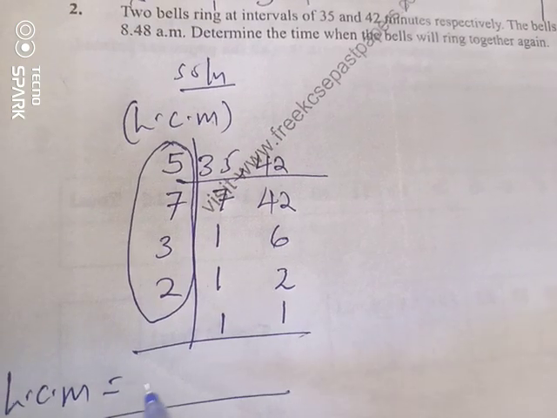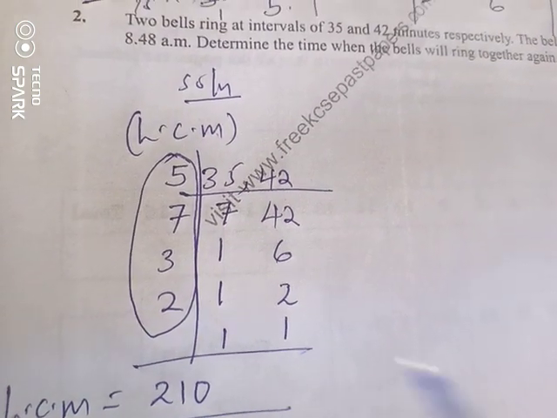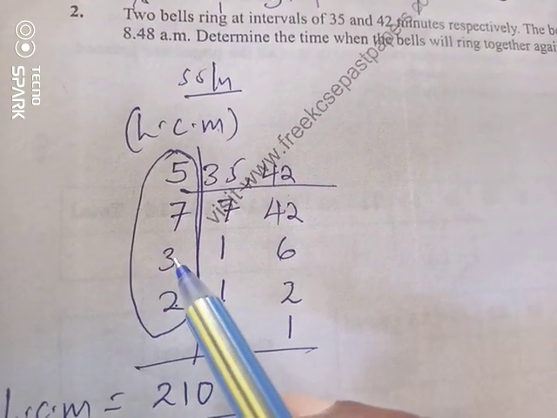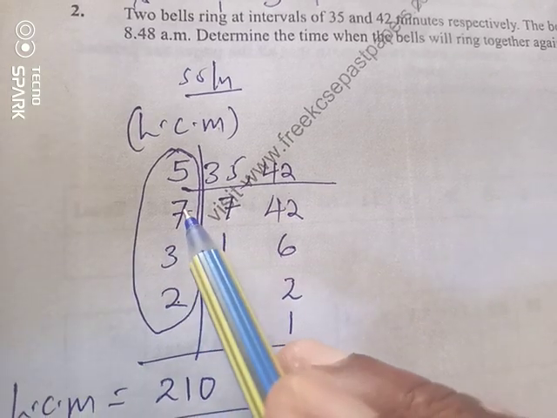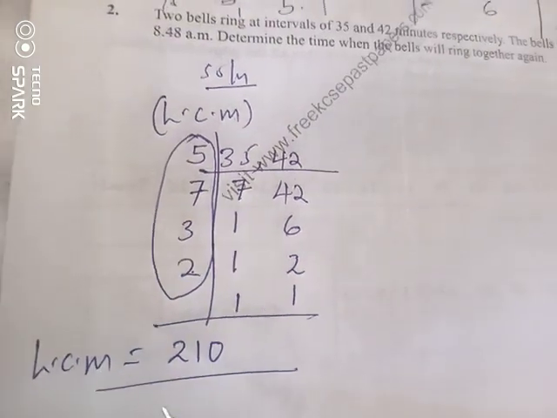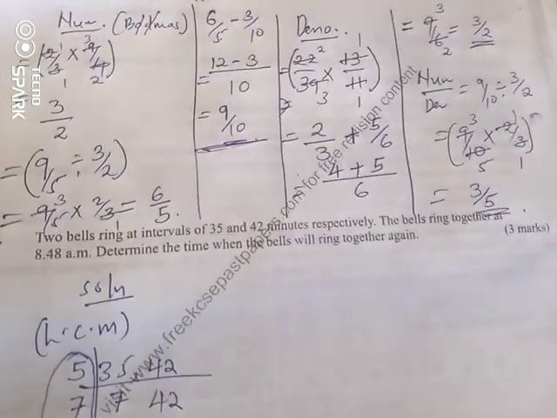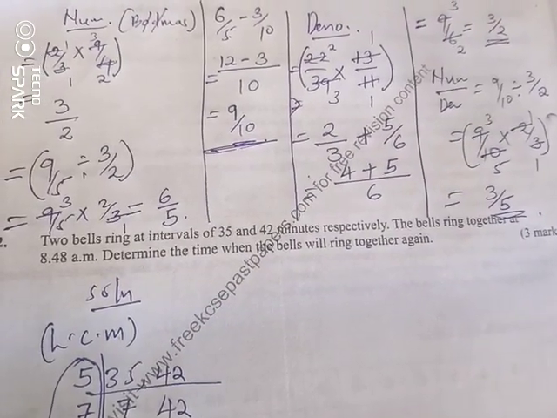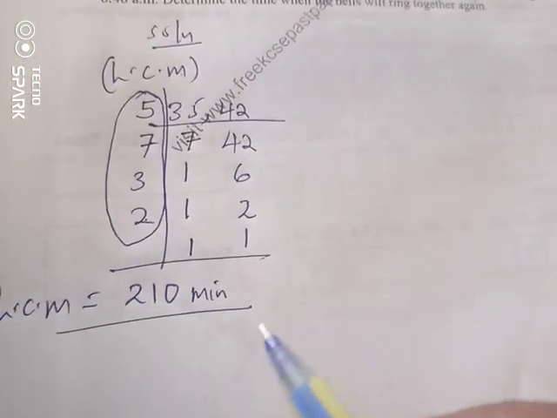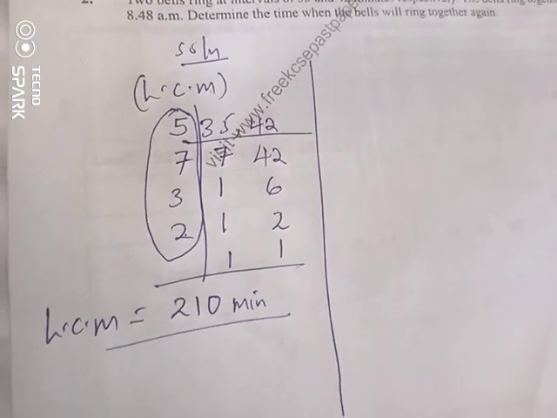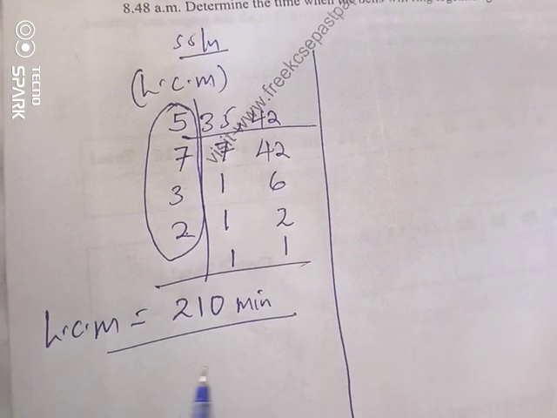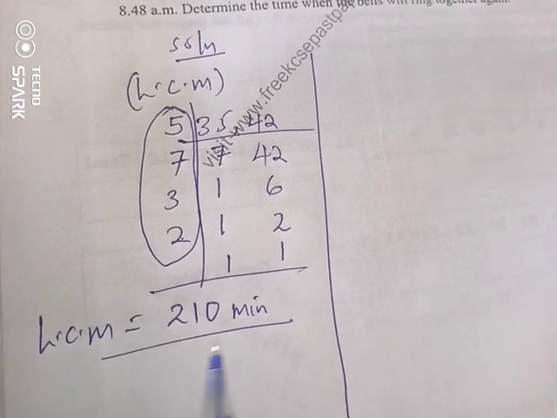And the product gives me 210. That is 6 by 7 is 42. 42 by 5 is 210 minutes. Remember, the units here were minutes. So our LCM also takes the unit. And therefore, they will ring together again after a period of 210 minutes.